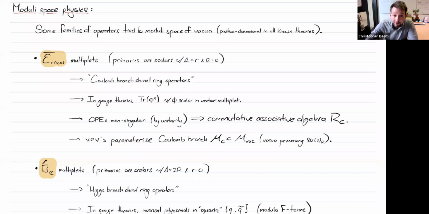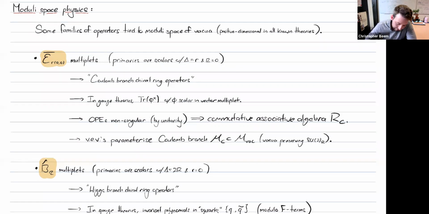Nevertheless, four-dimensional n=2 superconformal field theories, generically in all examples that I know of, that anyone knows of, I think, they come equipped with positive dimensional continuous spaces of vacua, of which the conformal field theory lives at only a particular point.